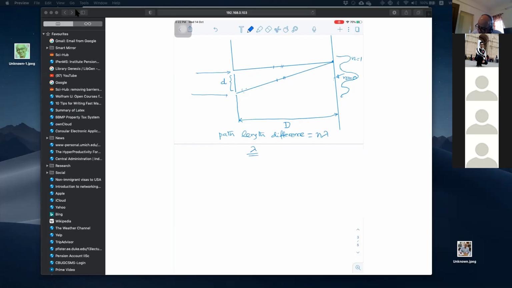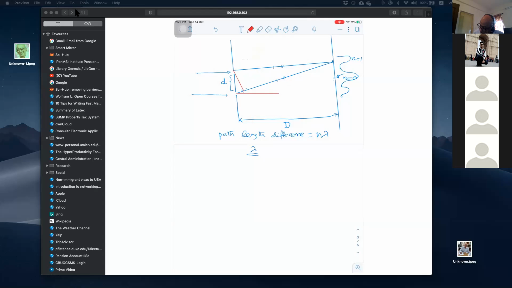And how much is the path difference? Well, let me draw a perpendicular. I'll use a different color. I will draw a perpendicular like that, and another perpendicular in this fashion.